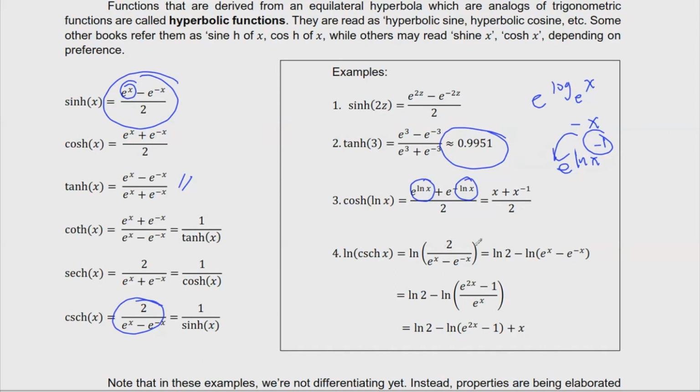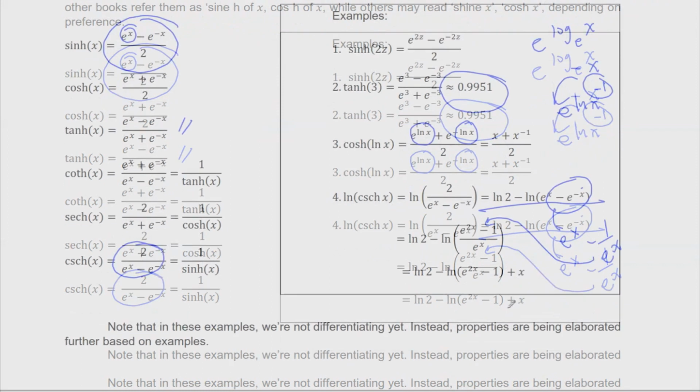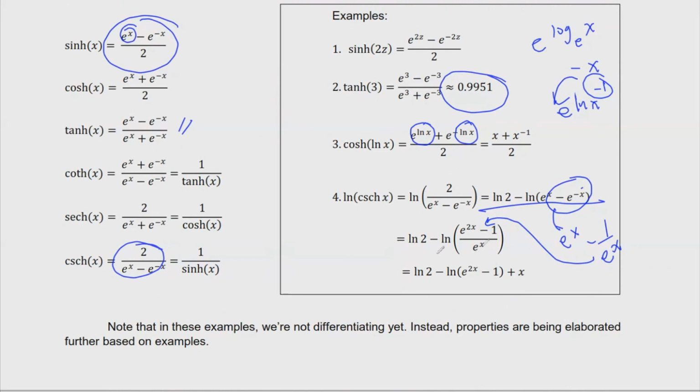We separate them by subtraction, so we're left with this expression, and then you can simplify this expression in terms of e to the x minus 1 over e raised to x. That's why we're left with this expression. And again by virtue of rule number 3, we can separate this and subtract, and we're left with something like this as the final value.